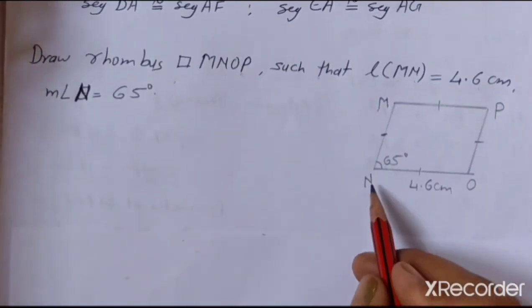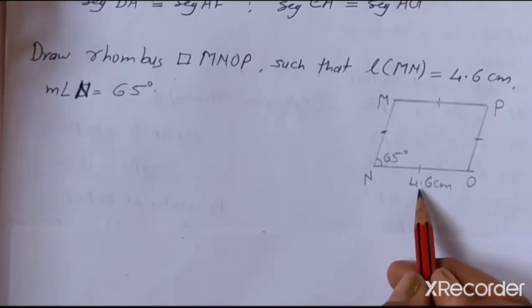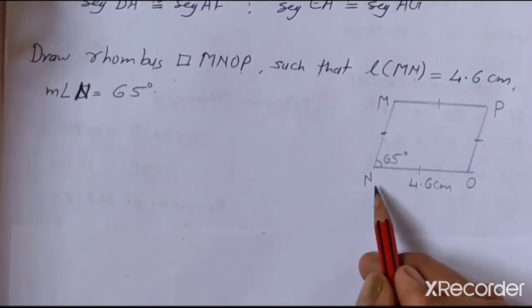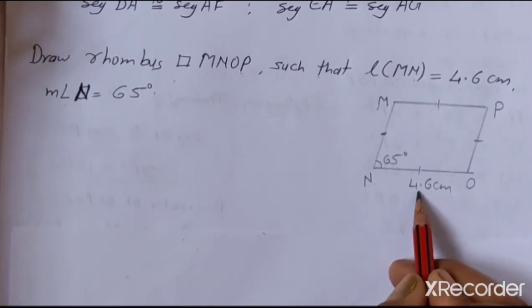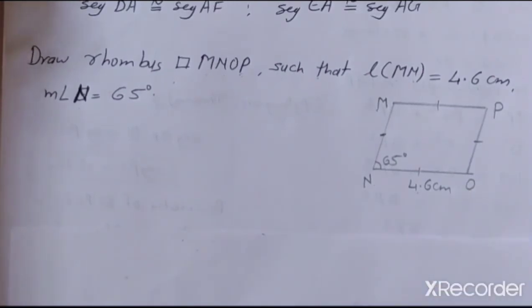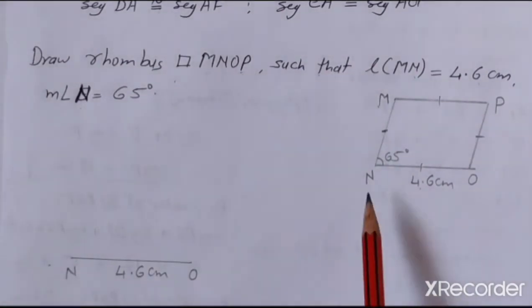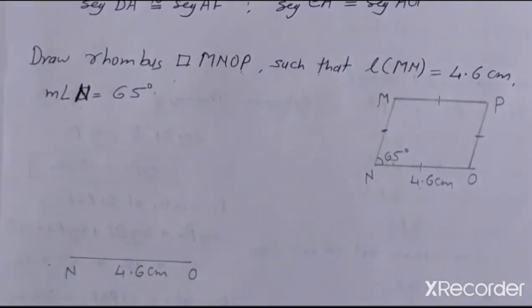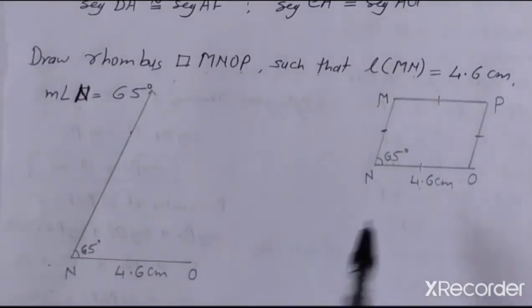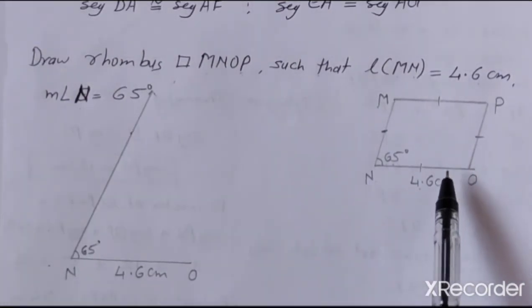Now let's move to its construction. First draw segment ON which is equal to 4.6 centimeter. Now next construction, measure angle N which is equal to 65 degree. Now next construction, measure angle O, but here the measure of angle O is not given.